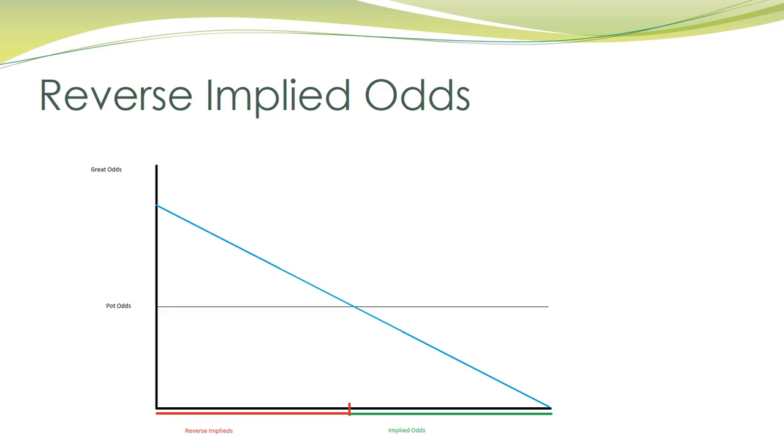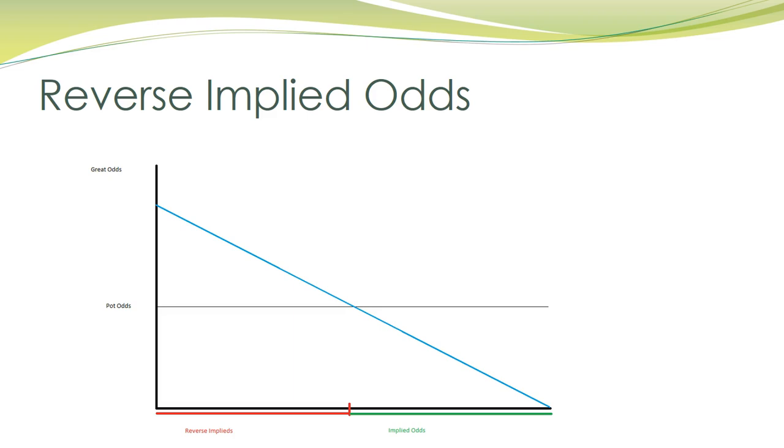So if you have a look at where that diagonal blue line is over on the left hand side, you can see that in order to make a call in a situation where we have reverse implied odds, we need better than average pot odds. So if you ignore the fact that this is not drawn very well to scale, and these lines aren't appearing exactly halfway across the axis, hopefully you get the general idea of the relationship between reverse implied odds and implied odds.